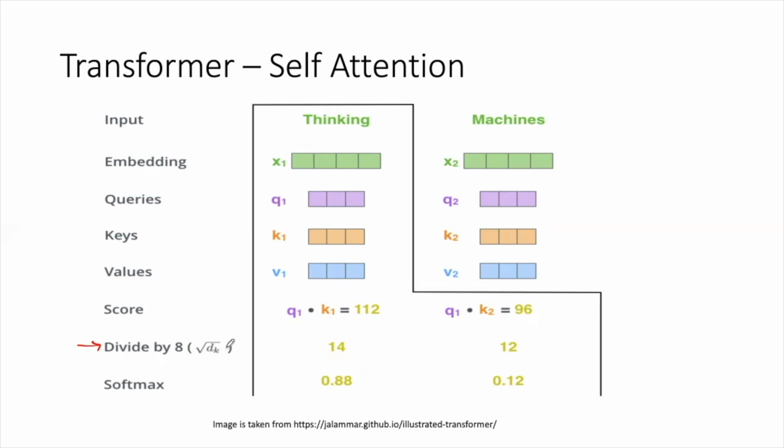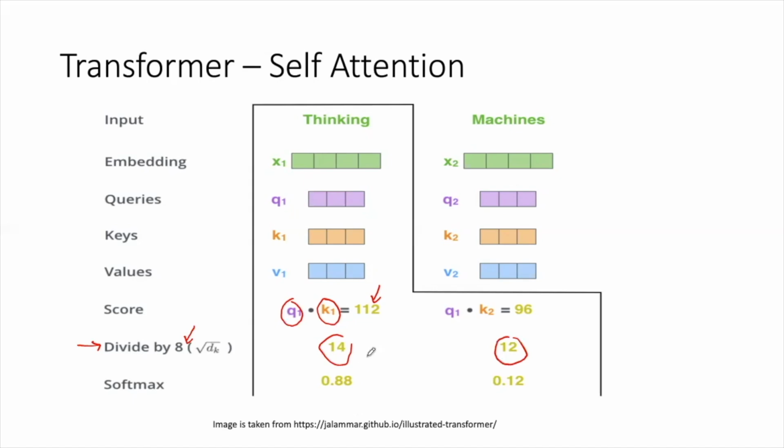Here it's 112, but let's say it is pretty large, because there is no constraint on what should be the magnitude of these vectors. So it could be possible that there's a large dot product. In order to bring it down, we divide by some constant. Once we do that, we have some scores that are generated.